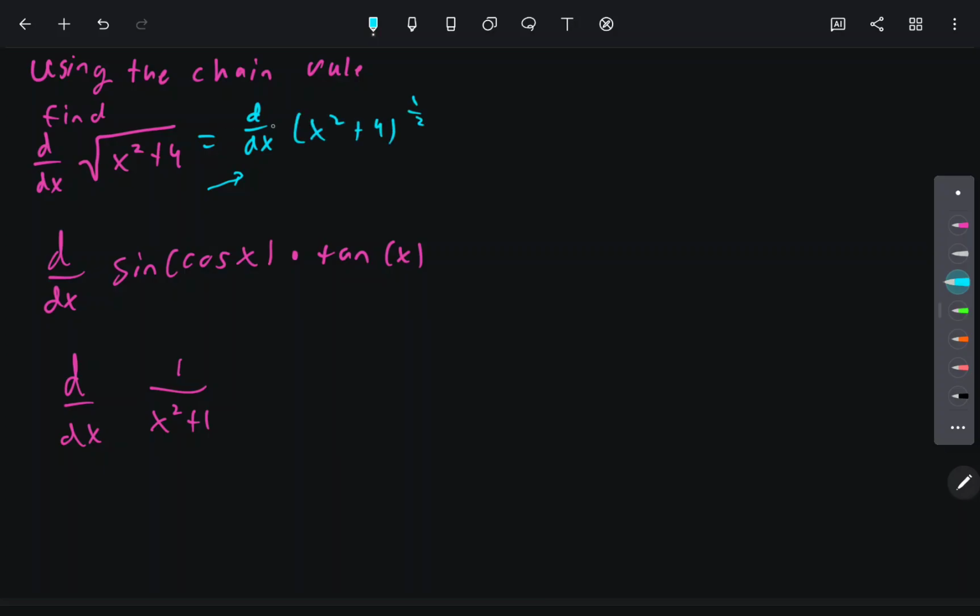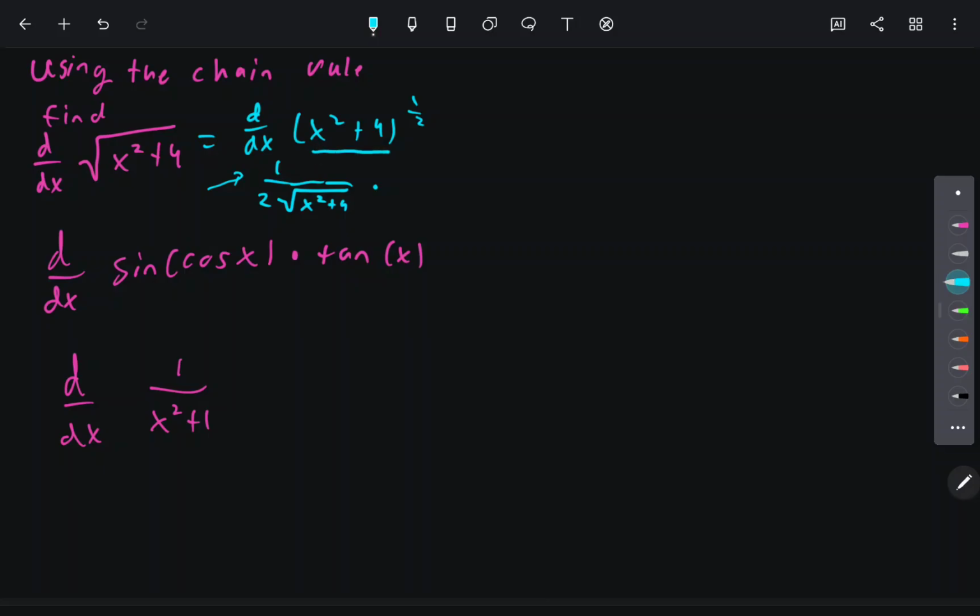Well, you're going to start by taking the derivative of the outside function. The derivative of x to the power of 1/2 is going to be 1 over 2 square root of x squared plus 4. Times, now you have to take the derivative of the inside function.